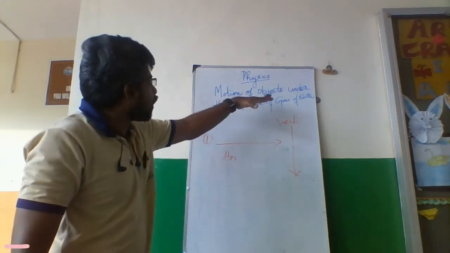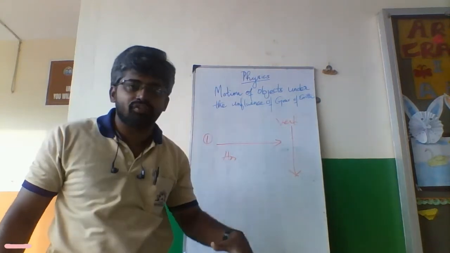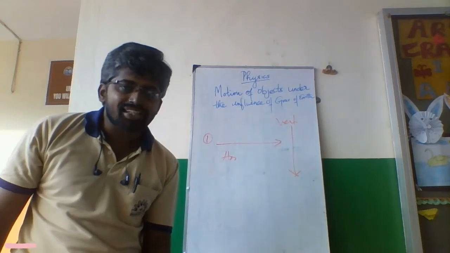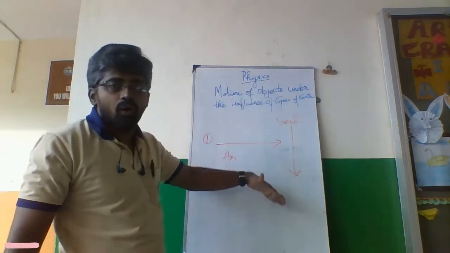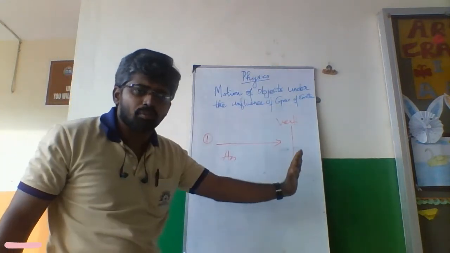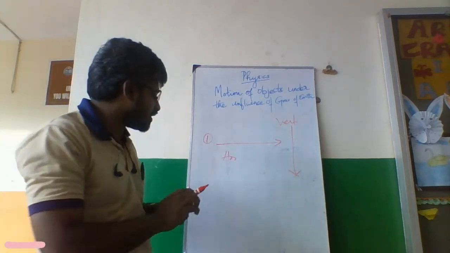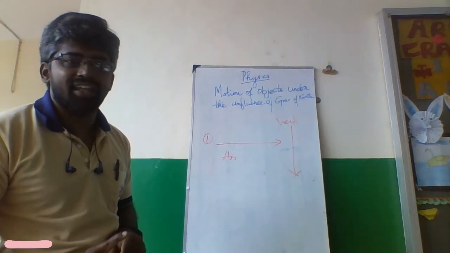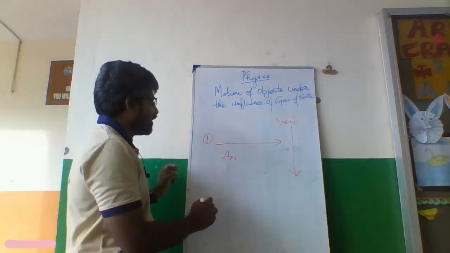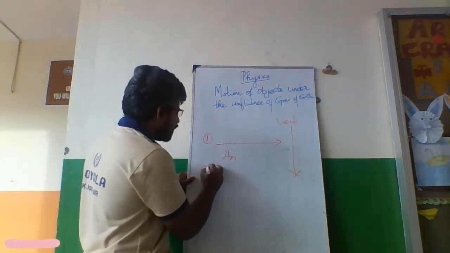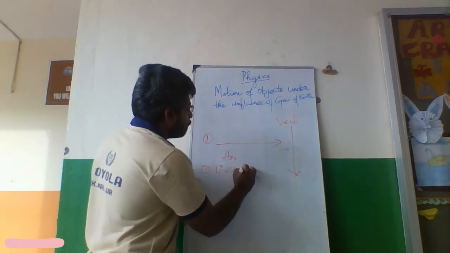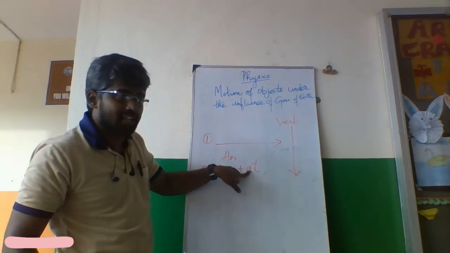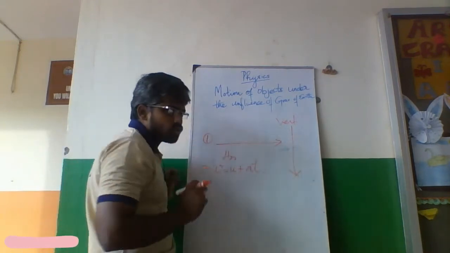The motion of objects under the influence of gravitation of earth. So whatever we throw here, we catch. It is all vertical motion, not horizontal motion, but the equations remain the same. I hope you remember all three equations. One is v is equal to u plus at, where a is the acceleration in horizontal motion.